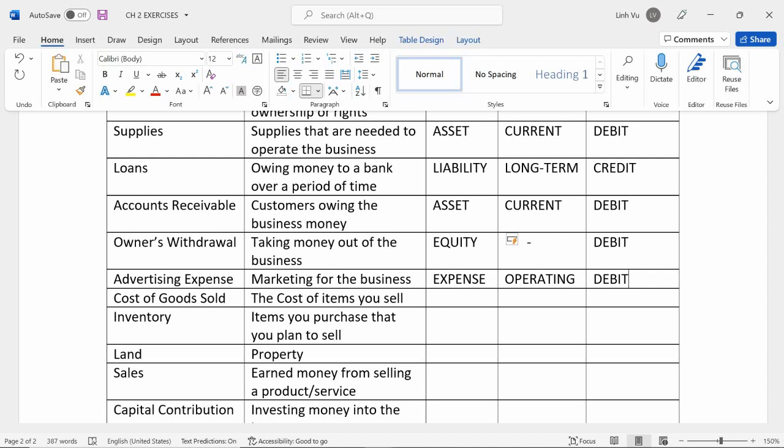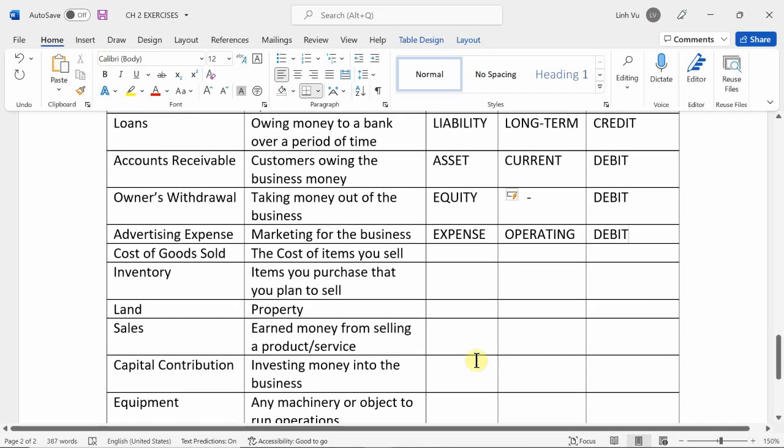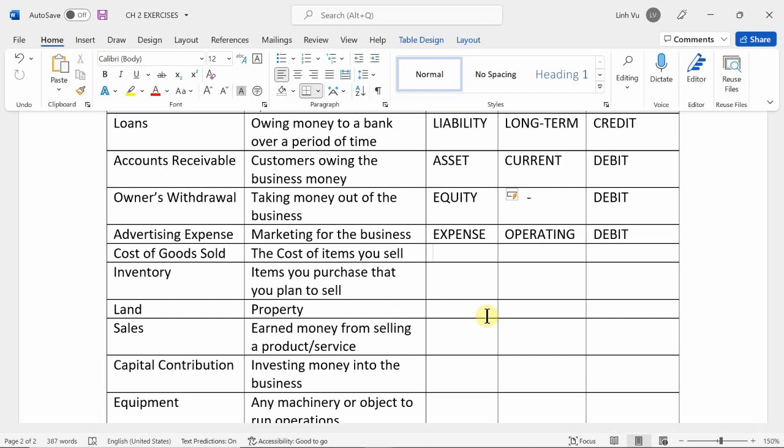Okay, the cost of items that you sell. Straightforward. Not income, because that is revenue. It's a cost, not a revenue. Is it owner's equity?